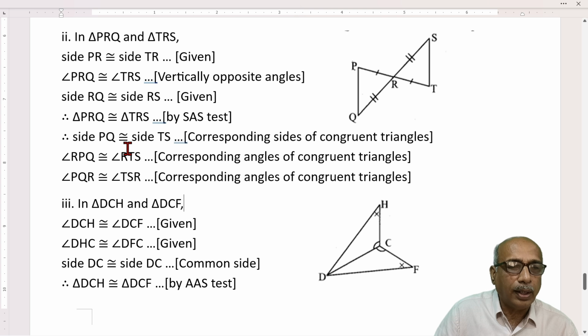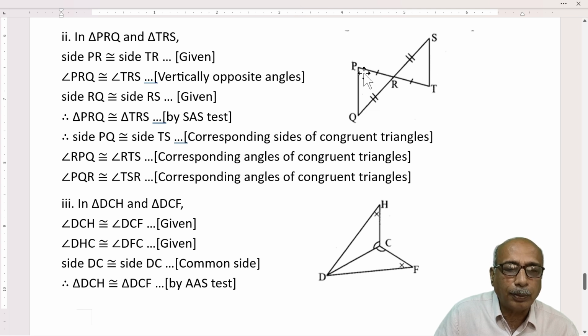Therefore, remaining sides and angles: side PQ congruent to TS, corresponding side of congruent triangles, and angle P congruent to angle T, or you can write as angle RPQ congruent to angle RTS.